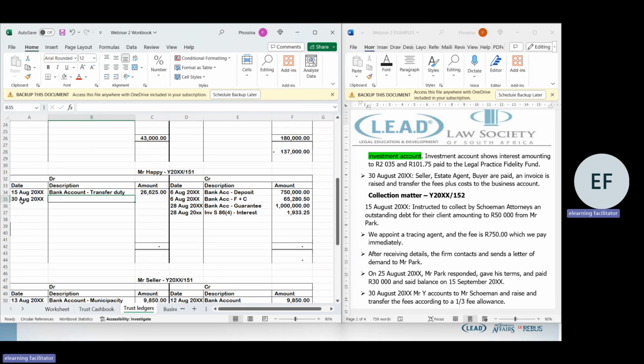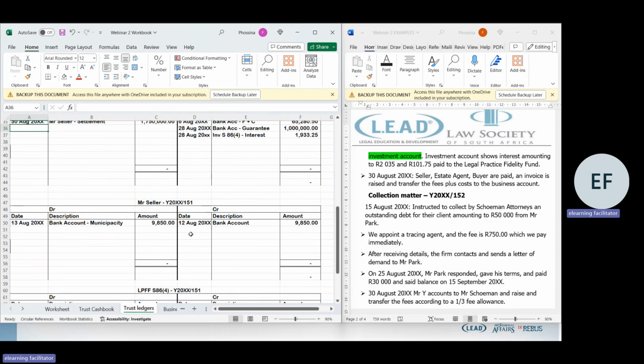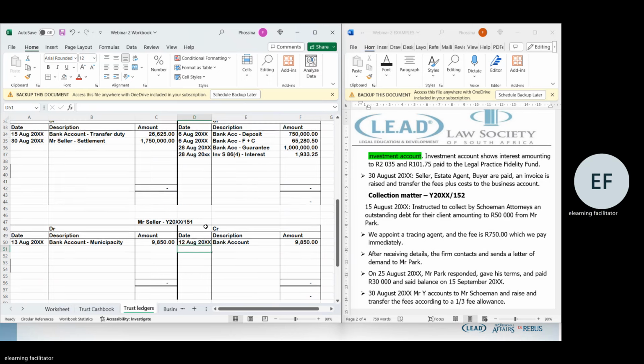We can now move it to Mr. Seller, because now that money belongs to Mr. Seller. So it's the settlement, the final settlement amount. How much? 1,750, like that. Okay, happiness. And then we go to Mr. Seller. We do the double entry.